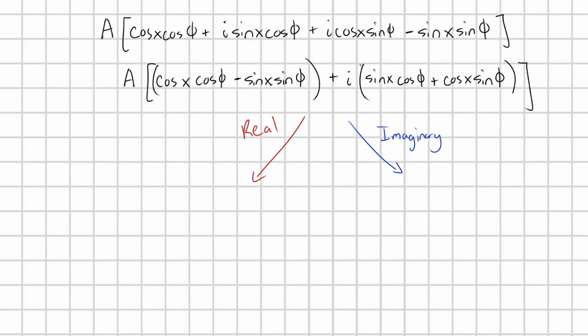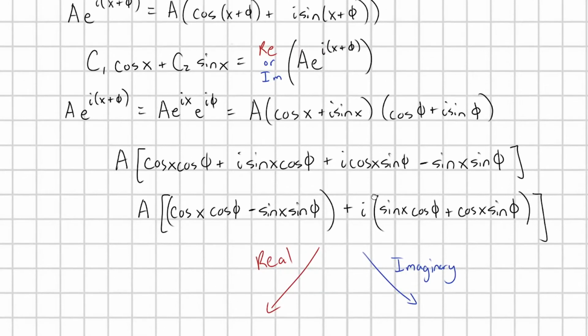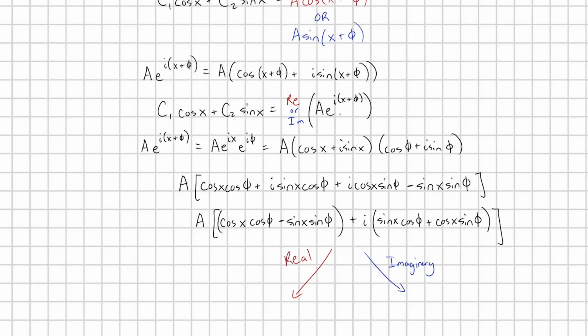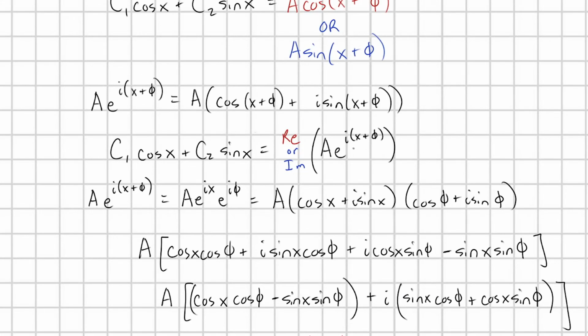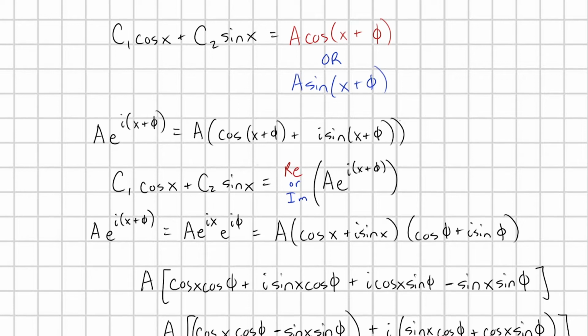And remember that based on what we discussed earlier, if I take the real part of A e to the i (x plus phi), then this is going to give me my result for my cosine wave. And if I take the imaginary part of A e to the i times (x plus phi), this is going to give me the result for my sinusoidal wave.